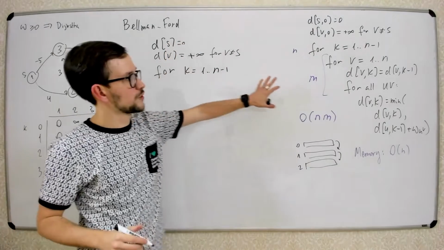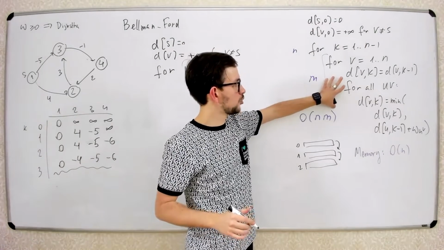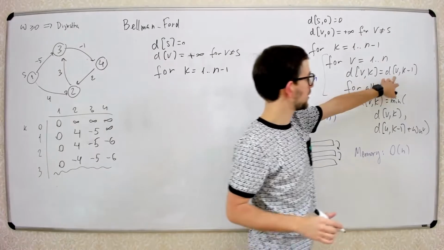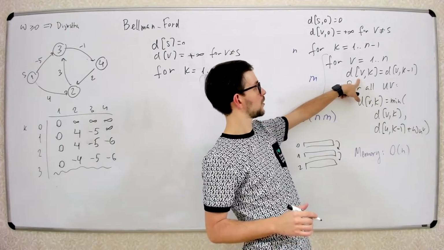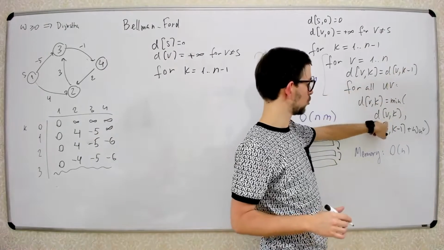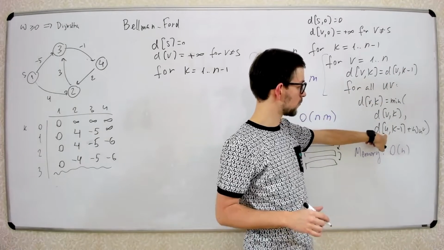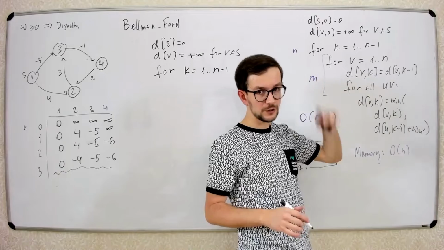And here we'll do the same thing, but we'll use the same array here. So we'll recalculate the value for node v using the value for node u. But we'll use the value for node u not in the previous row, but in this row.